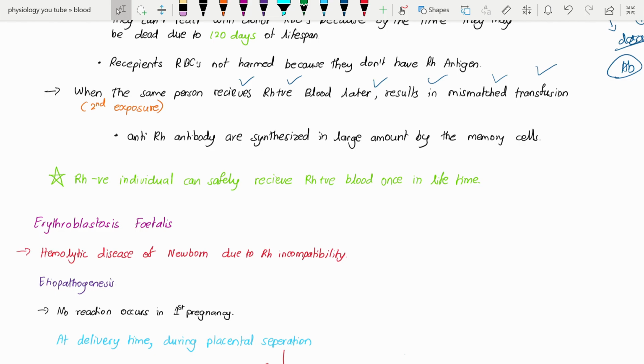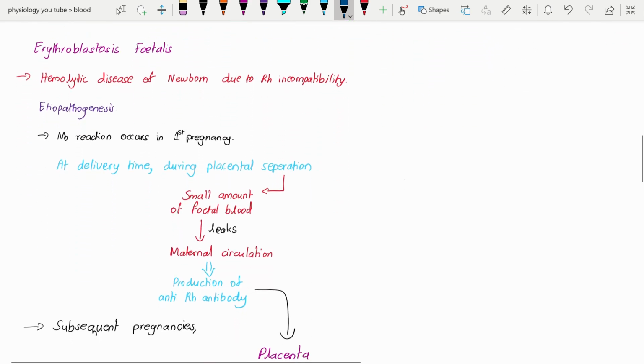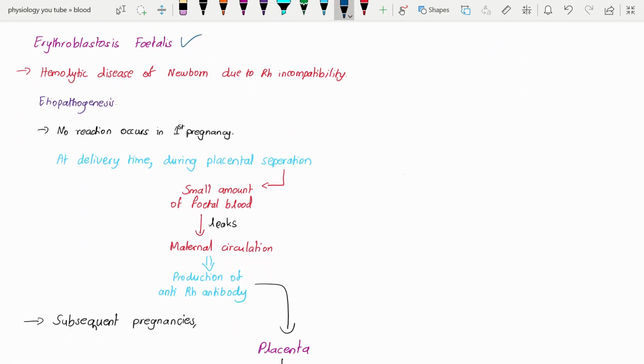If he is Rh negative, then you need to verify whether he received any Rh positive blood earlier or not, because that may be fatal sometimes. By this we can conclude that an Rh negative individual can safely receive Rh positive blood once in his or her lifetime. And we will move to erythroblastosis fetalis, that is our interest in this video.